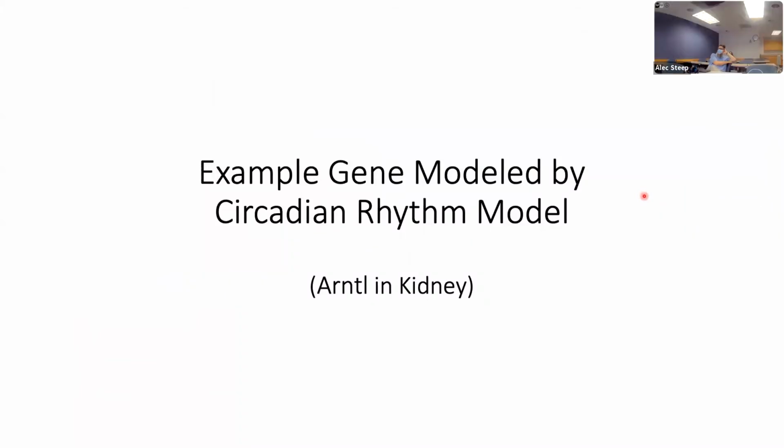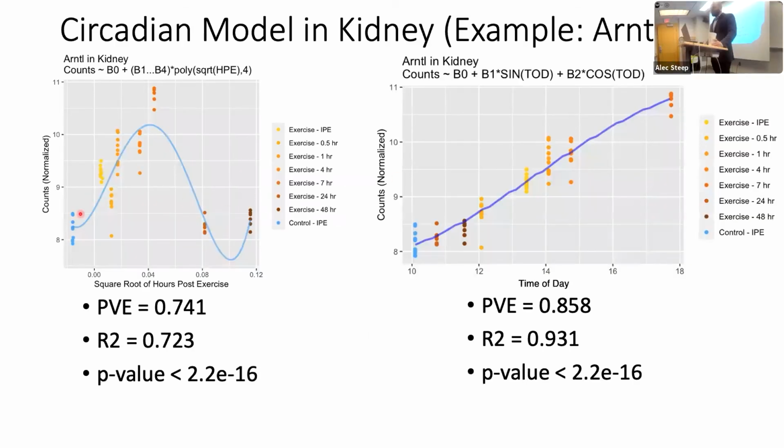This is a master regulator of circadian rhythm in kidney. And very much the same in our exercise model and our circadian model, we see that this gene fits really quite well. And it fits really quite well because we have this confounding between the time of day and the hours post-exercise.